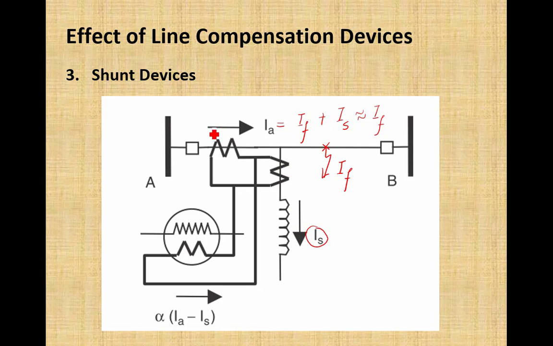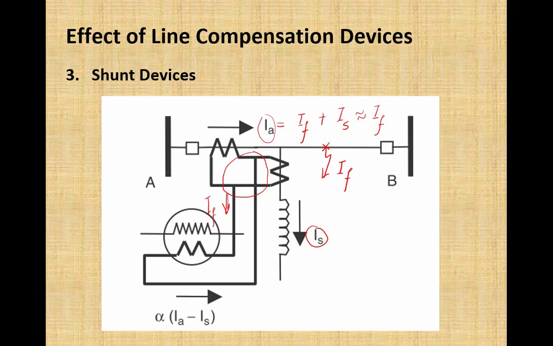Here the connection of the CT secondaries is done in such a way that the current which is flowing towards the relay downward is equal to the current IA, phase A current, minus current IS. So that would become IF. So it means the current which is flowing towards the relay is only IF. The shunt device current has been subtracted from the CT secondary current.